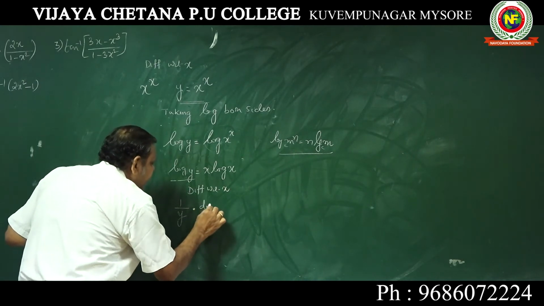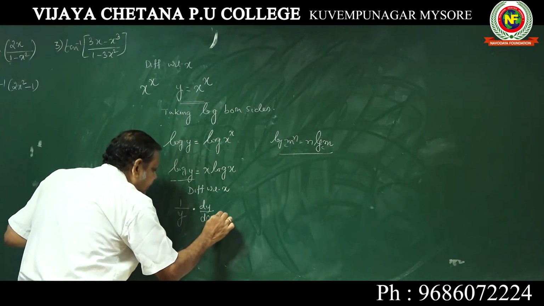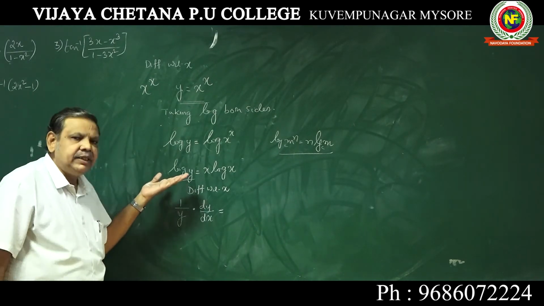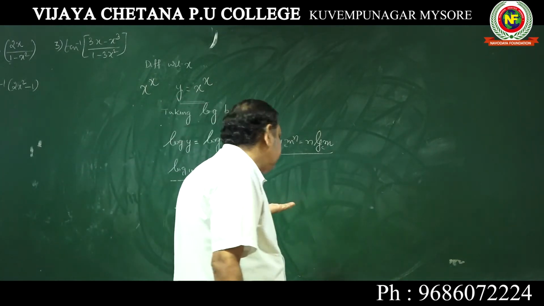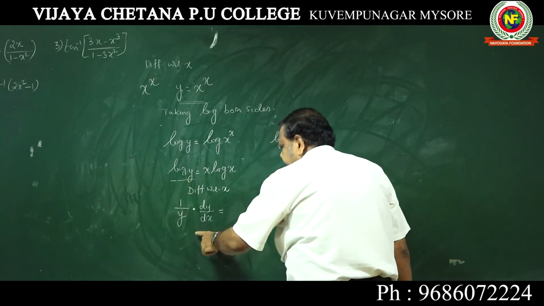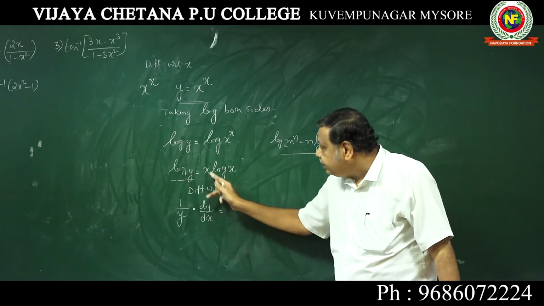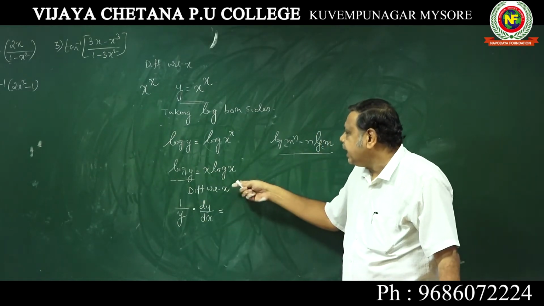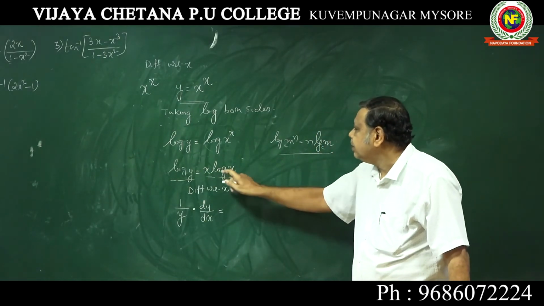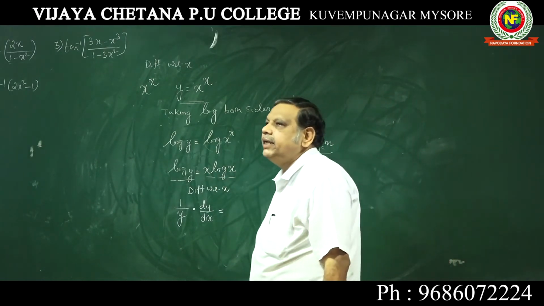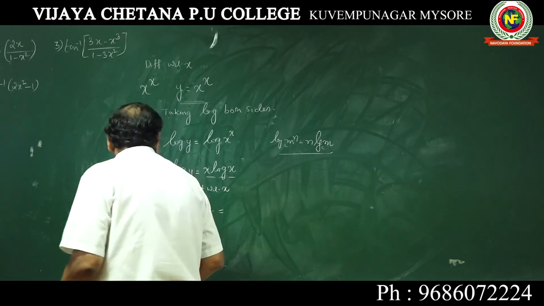Don't forget, we have already done a lot of problems in implicit functions. So the derivative of log y is 1 by y into dy by dx. The right side is a product rule, function of x, you should know. Right side it is a product rule.